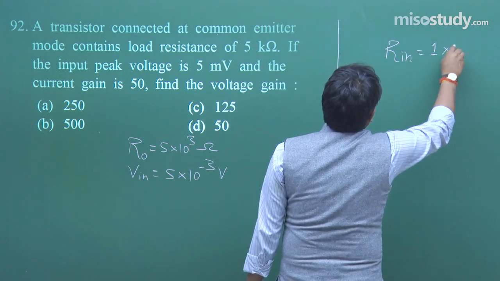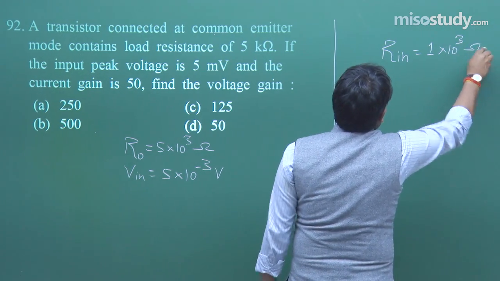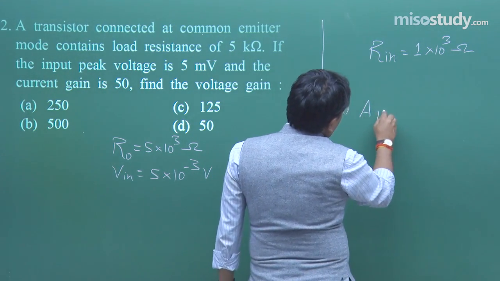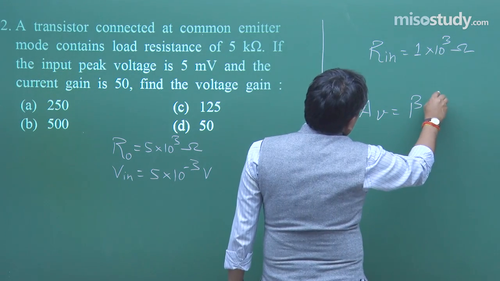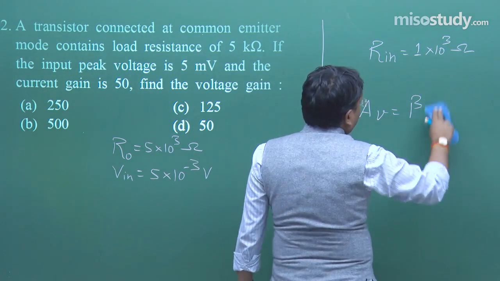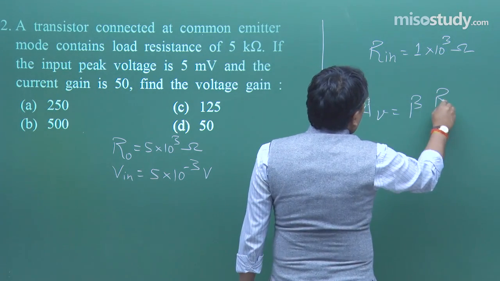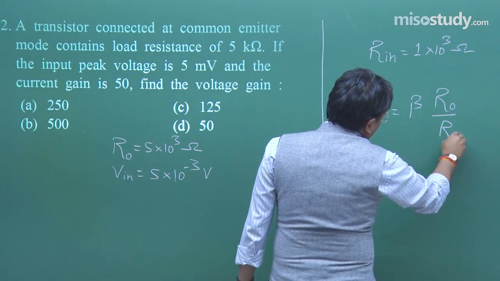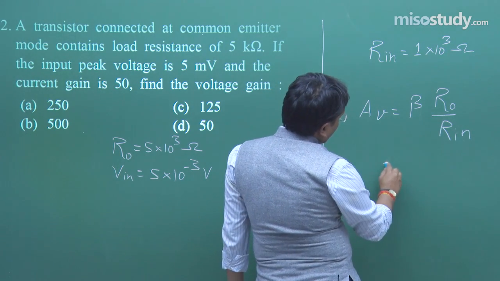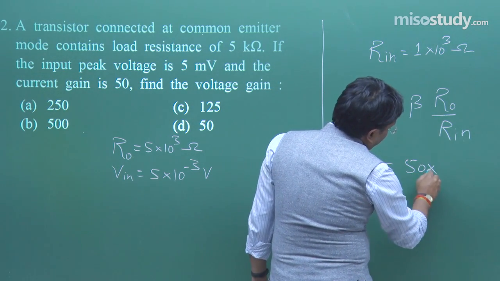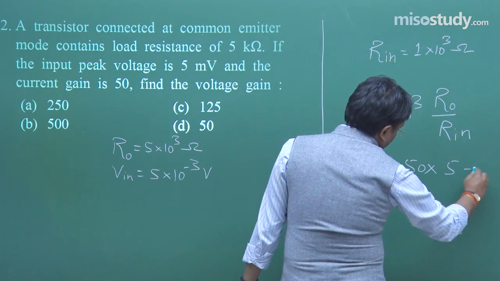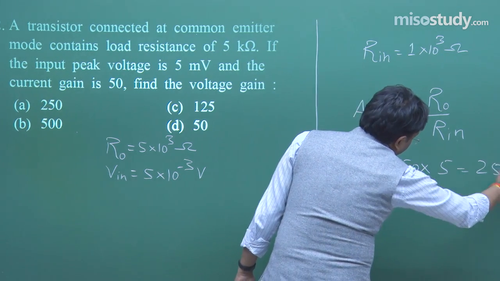One into 10 to the power 3 ohm is the input. Now AV is equal to beta times RO upon Rin. So if I put the values, 50 into 5, that is 250.